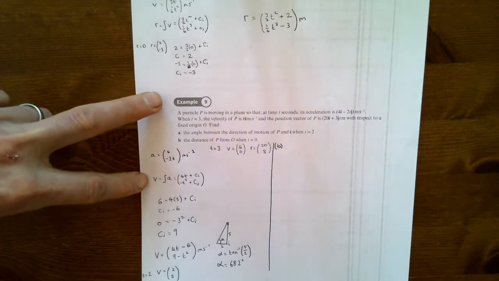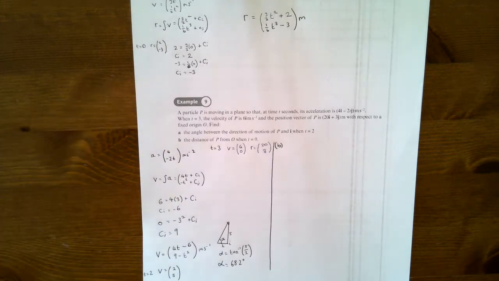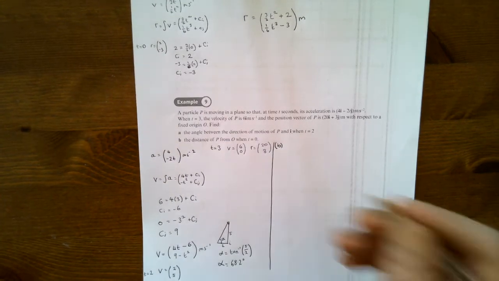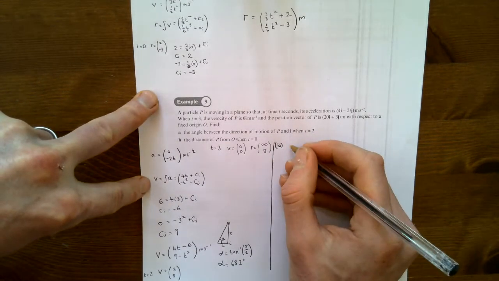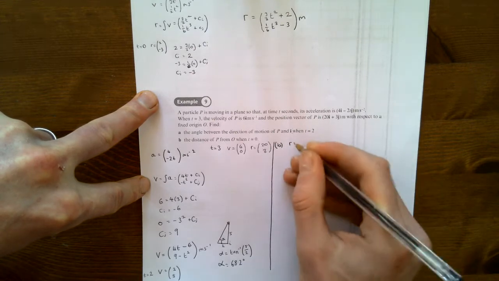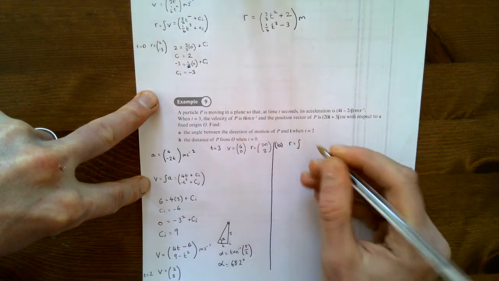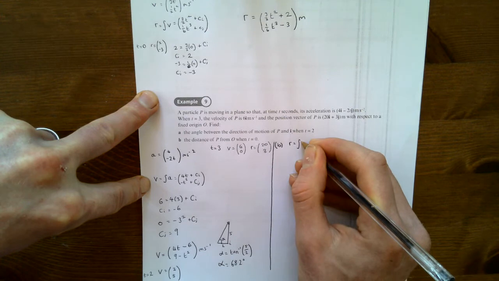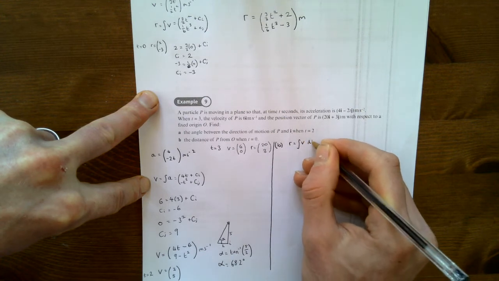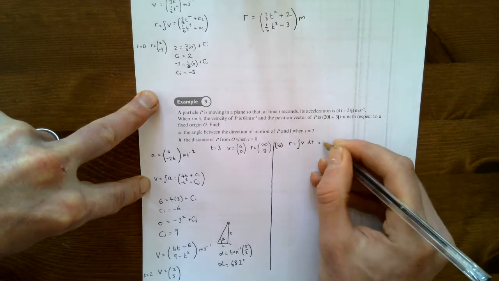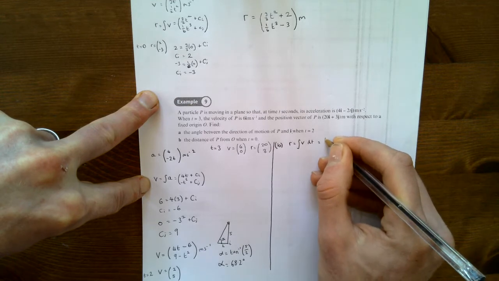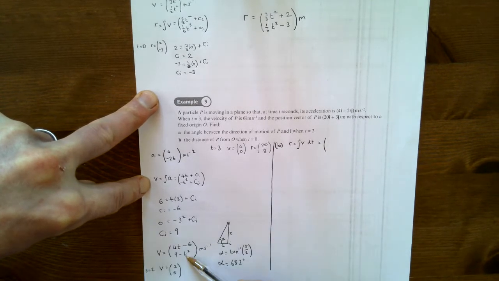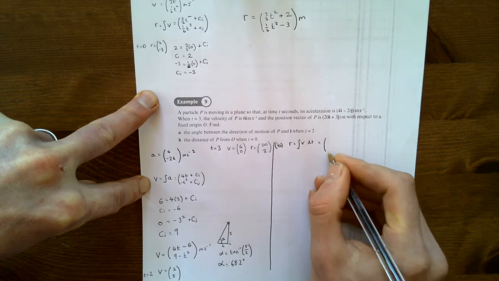So we need an equation for position, which is r. r is equal to the integral of v with respect to t. So that will be the integral of this one down here.